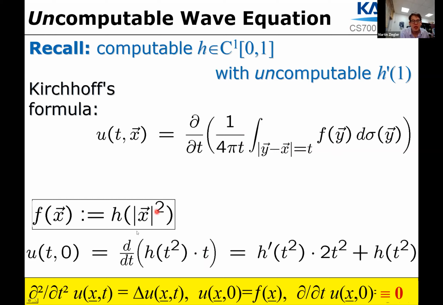And here's t squared, because this is how we defined our initial condition. So put differently, for this special kind of initial condition, which does not depend on the direction, only on the magnitude of the argument, Kirchhoff's formula simplifies drastically to become this expression, and here the time derivative becomes an ordinary derivative, and we can calculate that using the usual rules of differentiation, right?